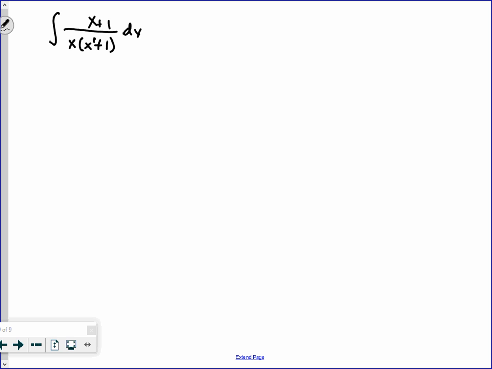The integral of x plus 1 over x times x squared plus 1. Okay, fits the form. We've got polynomials on top and on the bottom. The degree on top is 1, on the bottom is 3. And there's no simplifying. I can't cancel anything off on this. So we're going to do a partial fraction decomposition.